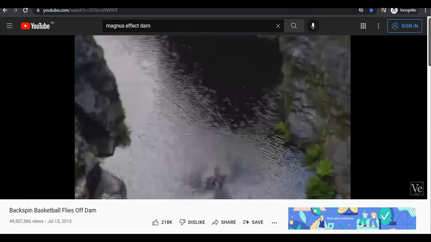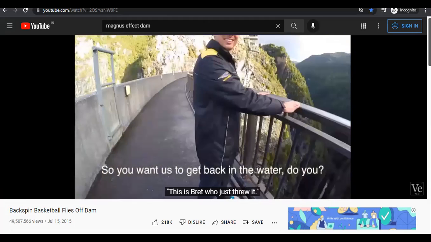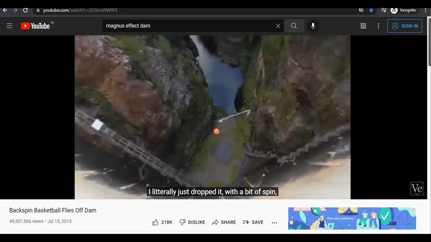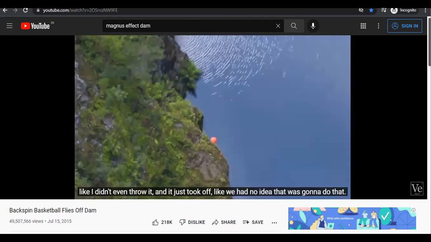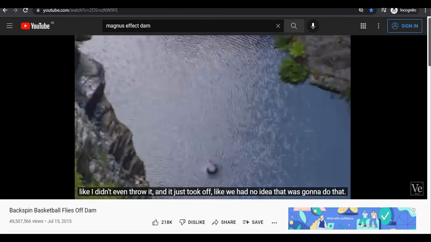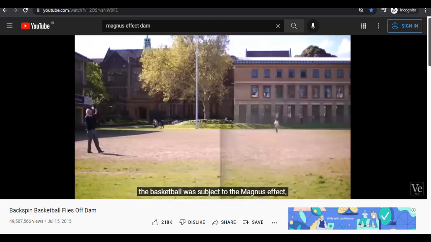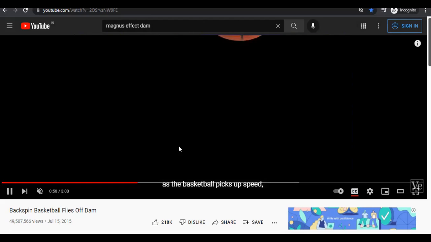Sometimes in sports, in football and cricket and all, we use this kind of spin concept to confuse the other person. You'll be thinking that it's going to fall vertically downwards, but actually it's falling in a different way. Okay.